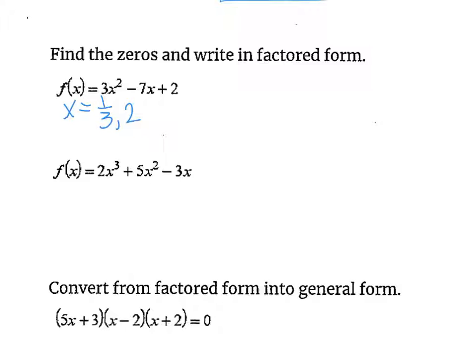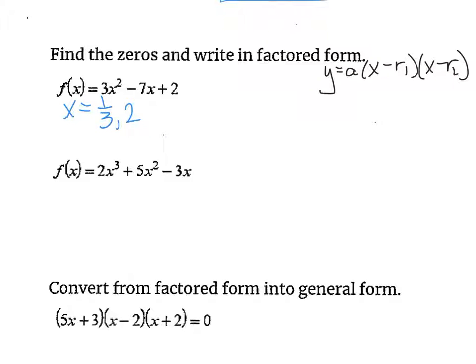The factored form that you're going to use is y equals a times x minus r sub 1 times x minus r sub 2. We're going to plug in a, r sub 1, and r sub 2 into this equation.